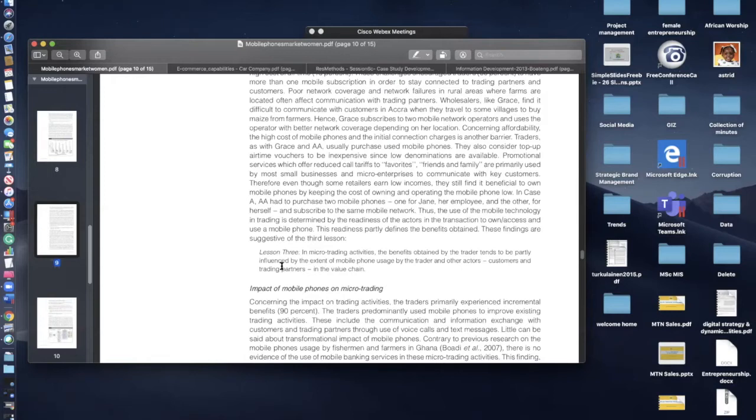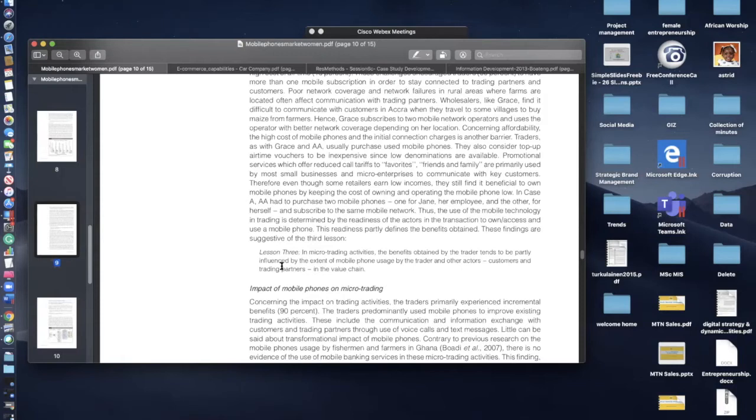So we can then say that in micro trading activities, the benefits that the trader will receive are influenced by the extent to which the mobile phone is used by the trader and other actors, that's the customers and the other trading partners in the value chain. So I am not extrapolating beyond micro trading activities. I'm staying within micro trading activities. I'm not going beyond the phenomenon of study.